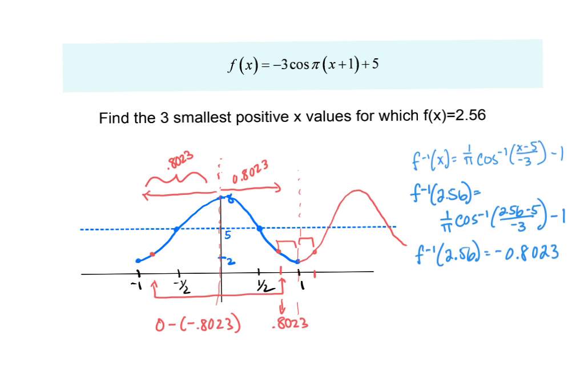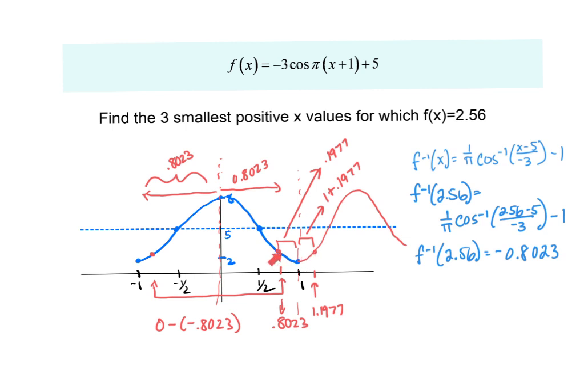And that distance is 0.1977 away from 1. So when I add that to 1, I get my next value, which would be 1.1977.